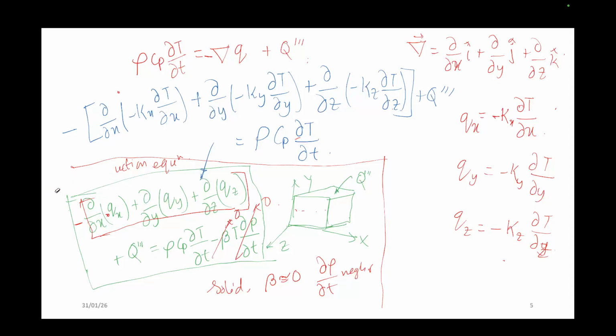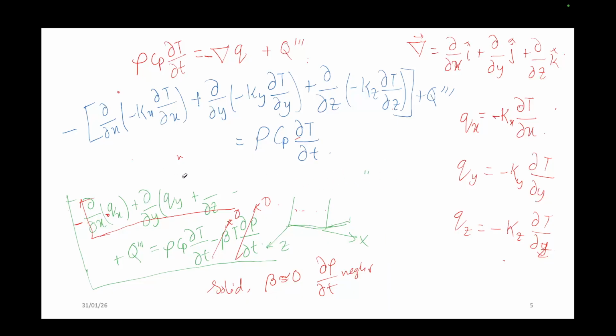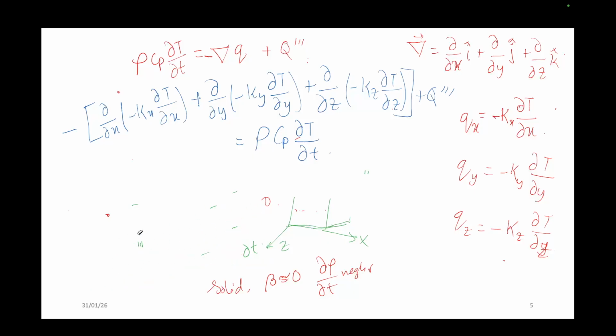Now consider that the thermal conductivity is the same in the x direction, y direction, z direction, in all the directions. If the thermal conductivity is the same, what will happen?